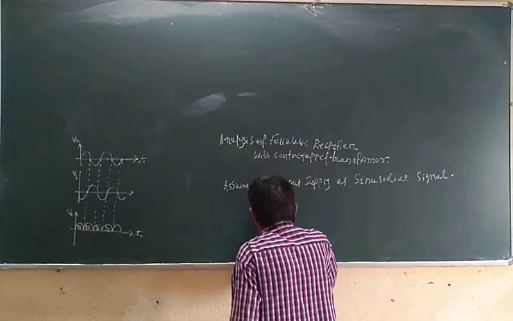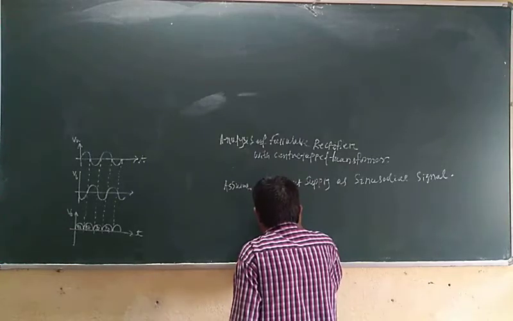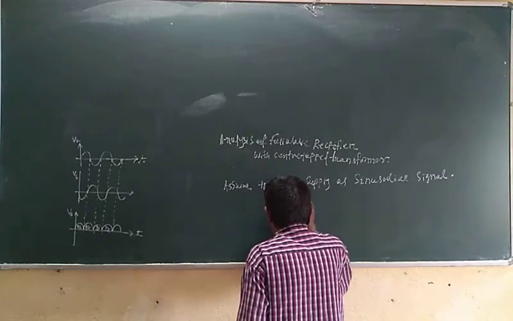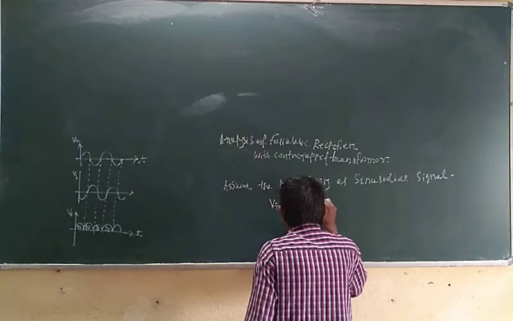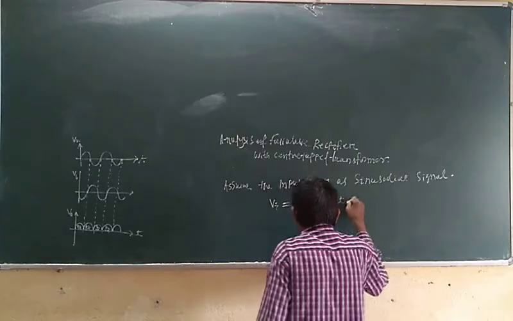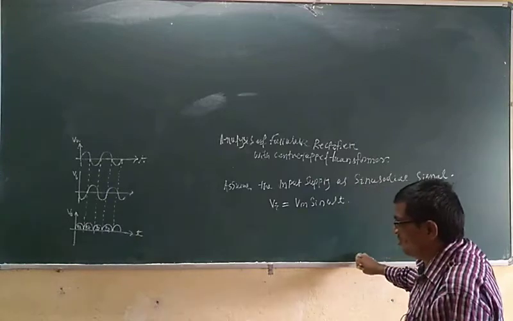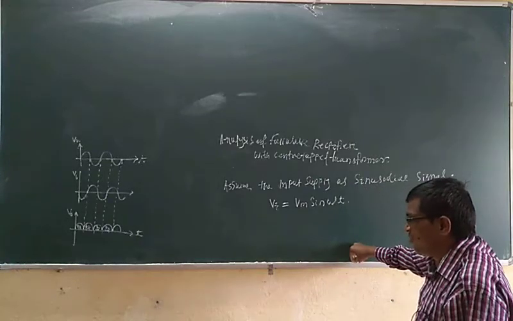Now the input voltage Vi equals Vm sin omega t. This is the general equation of a sinusoidal waveform.